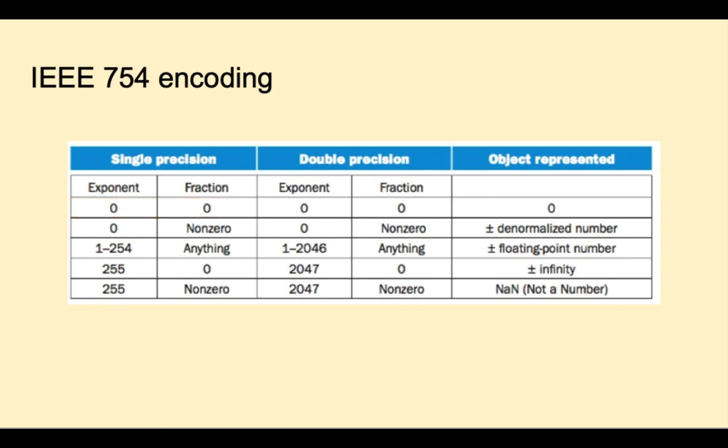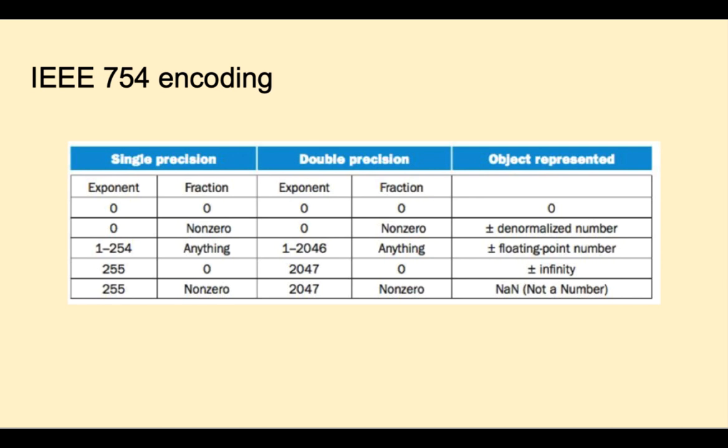This encoding is necessary because of the assumed 1 in front of the point. An exponent of 0 and fraction anything but 0 is a denormalized number. An exponent of 255 and a fractional part of 0 represents infinity. An exponent of 255 and a fraction of not 0 represents not a number.